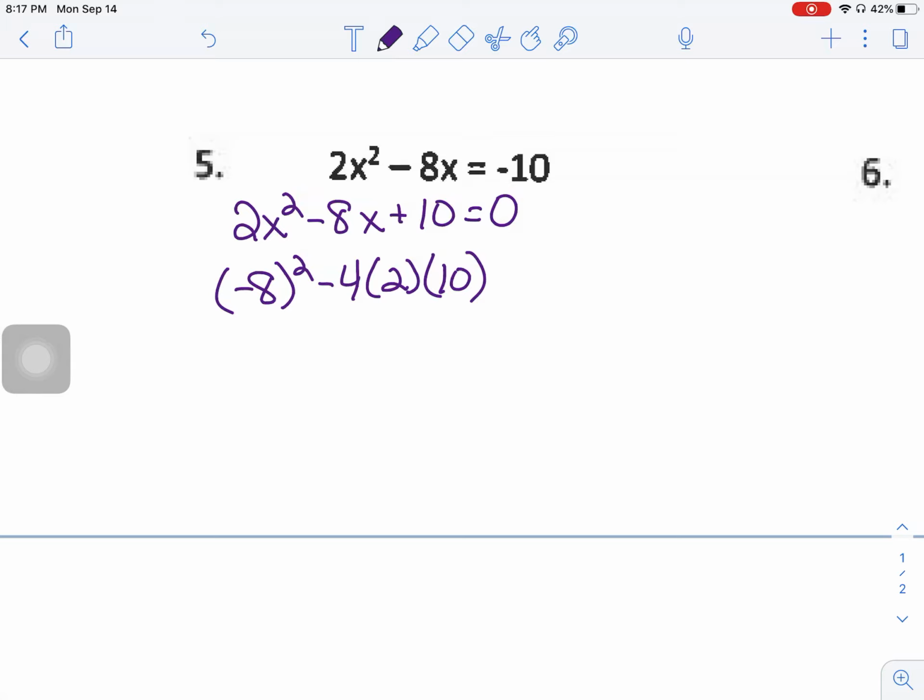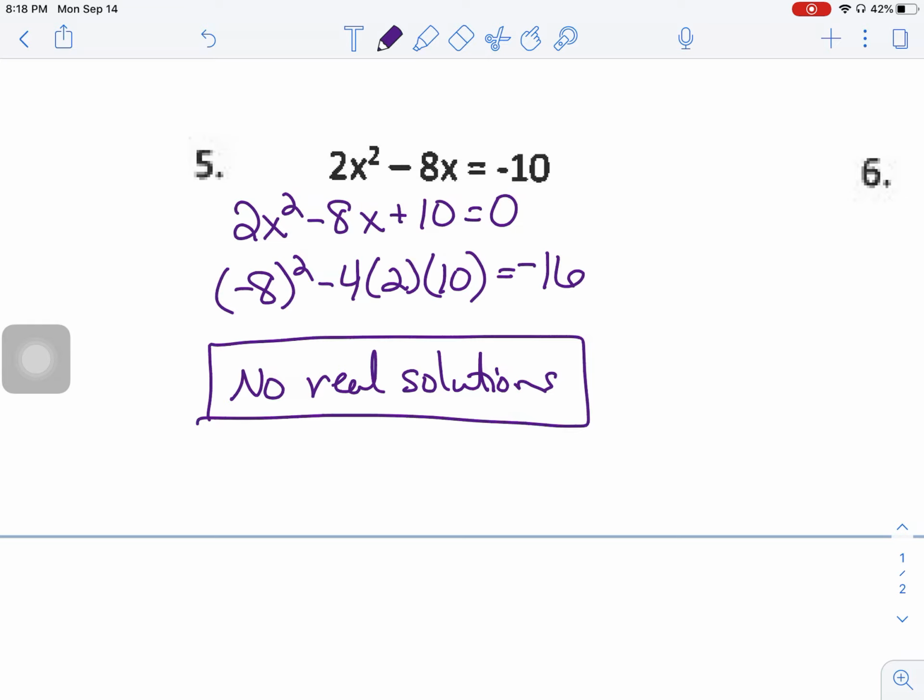Into my calculator it goes, and I have an answer of negative 16. I just mentioned this, right? A negative answer here, negative discriminant value, means you have no real solutions because your solutions would be imaginary. These directions specifically said to tell the number of real solutions, so the answer is no real solutions.